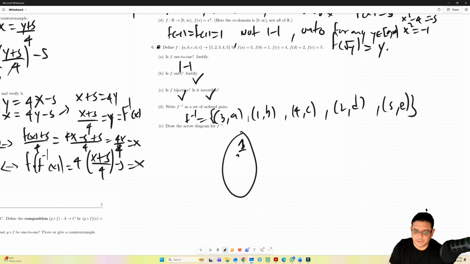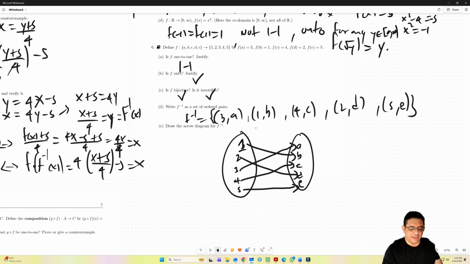You can fill in 1, 2, 3, 4, 5, and then A, B, C, D, and E. So 3 to A, 1 to B, 4 to C, 2 to D, and 5 to E. And that'll be the arrow diagram. All right, we'll continue this in part 2.